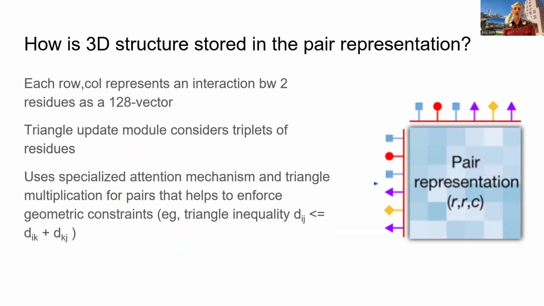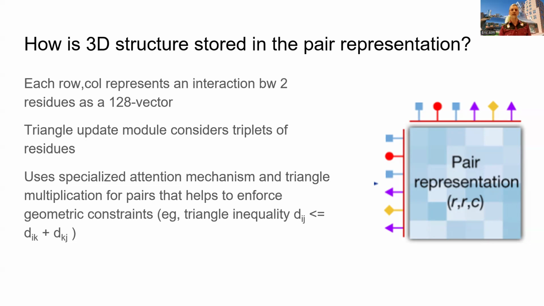And then how is the 3D structure stored in the pair representation? How do we even know that it's stored in there? Because that first slide I showed you about how we generate these in the first place was kind of gobbledygook, and we just sort of took all the data and threw it in there, and we said, well, there's a lot of parameters in our neural net that get optimized to represent structure.